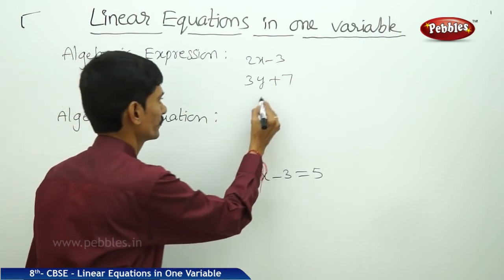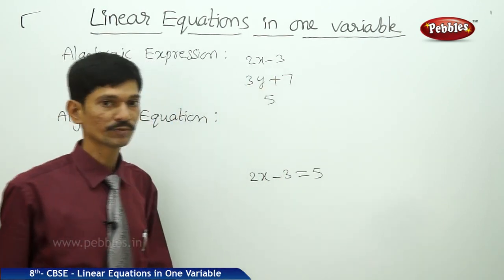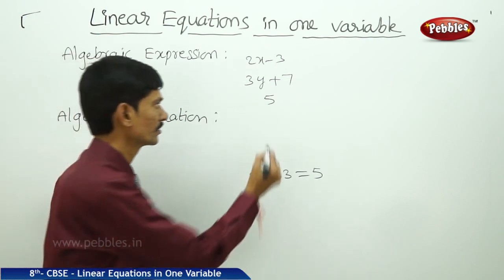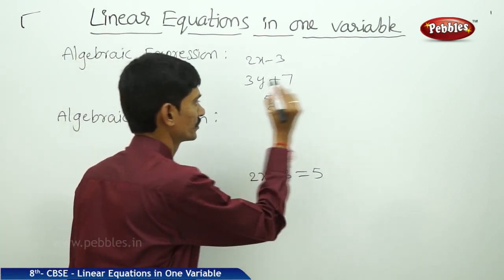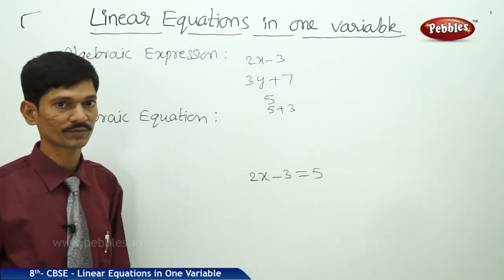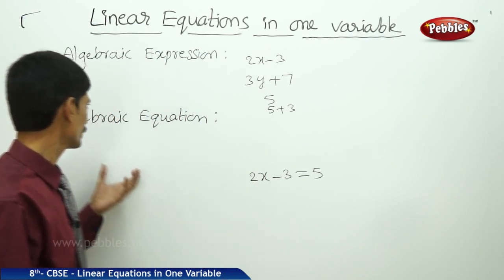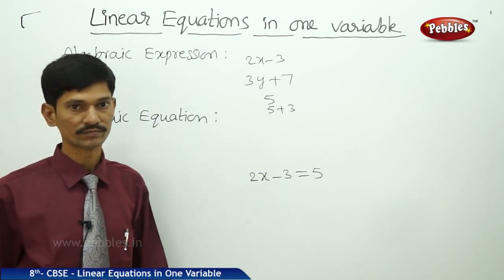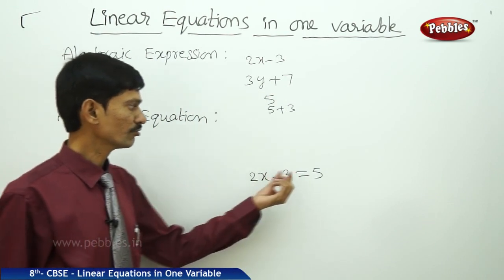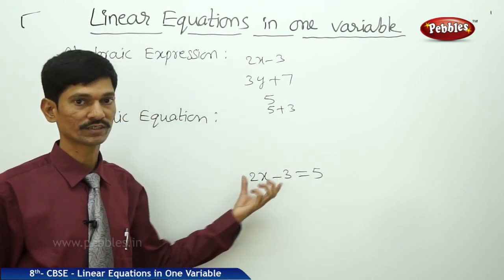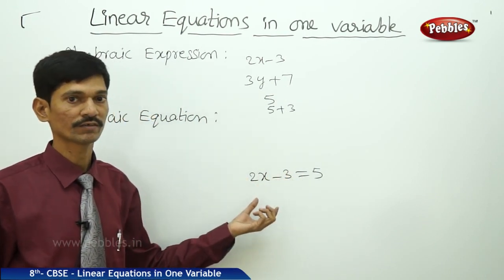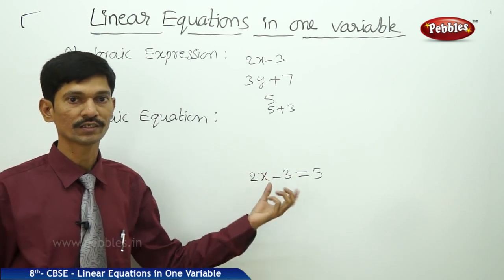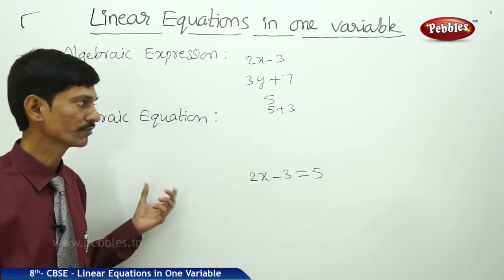And what about 5? It is a numerical expression. And 5 plus 3 is also a numerical expression. Now let us see what an algebraic equation is. The equality of two expressions involving variables and constants is called an algebraic equation.